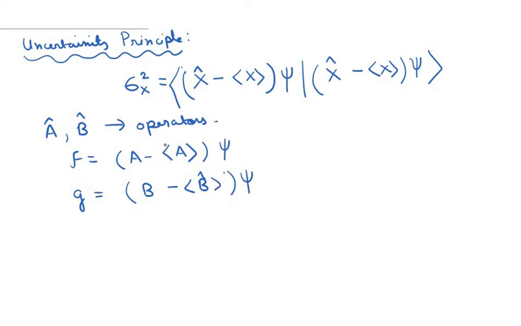If you do not recognize what these angle brackets are, if I write x enclosed within them, this basically means the average value of the variable x, where x is an operator.